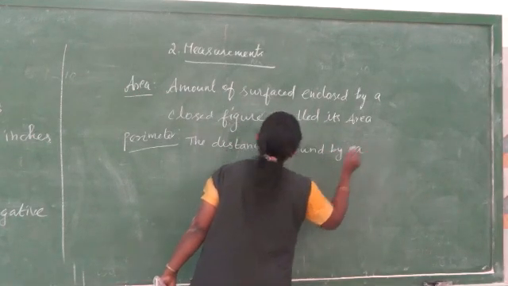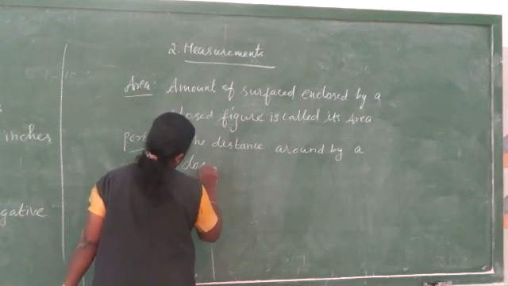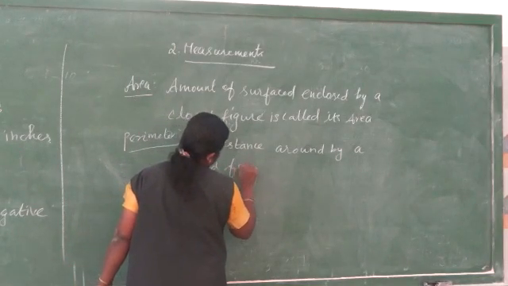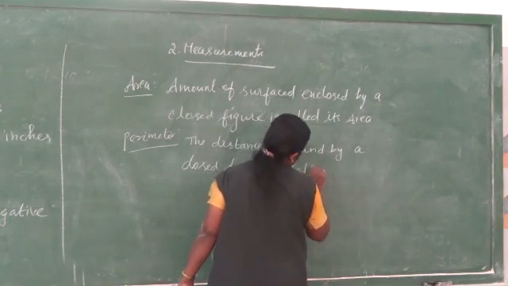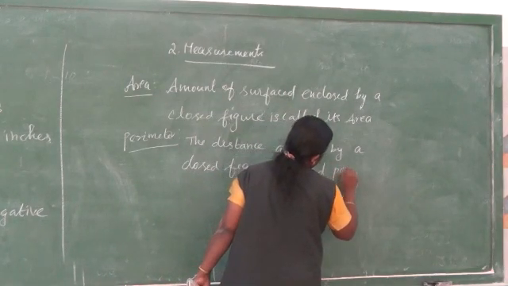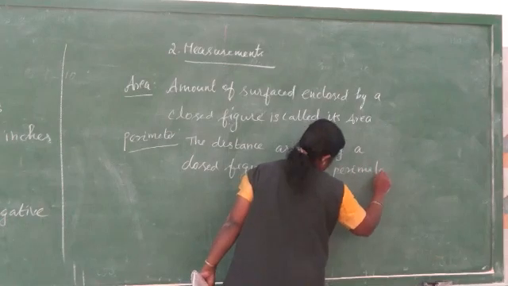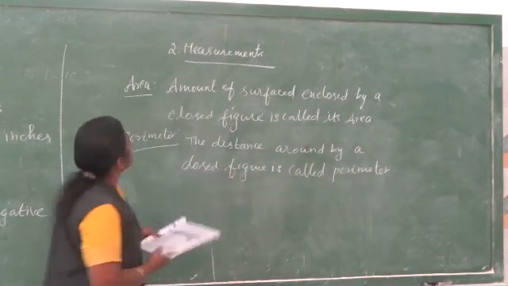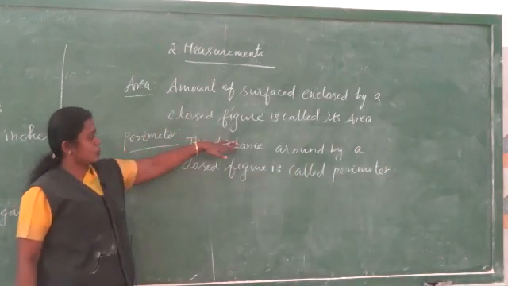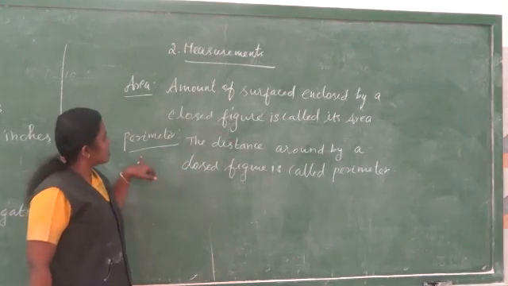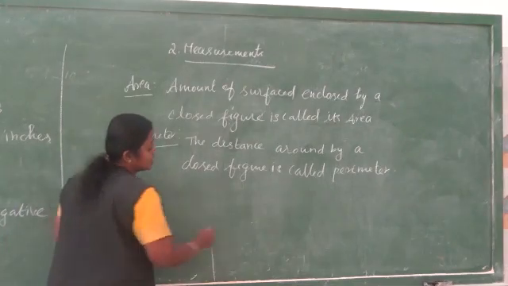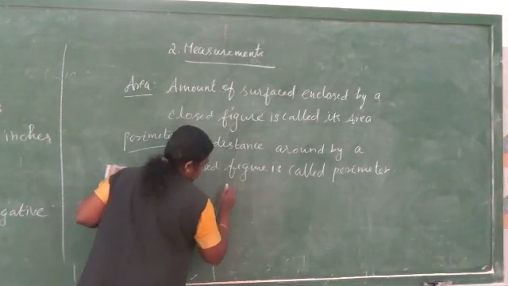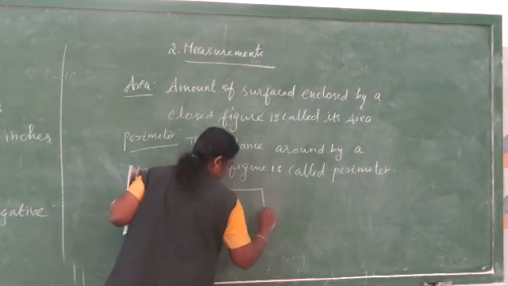The distance around a closed figure is called perimeter. The amount of surface enclosed by a closed figure is called its area. The distance around a closed figure is called its perimeter. This is a square.